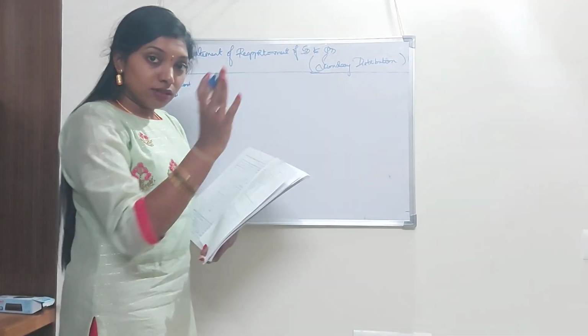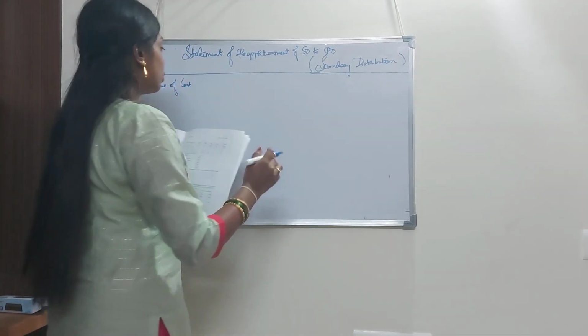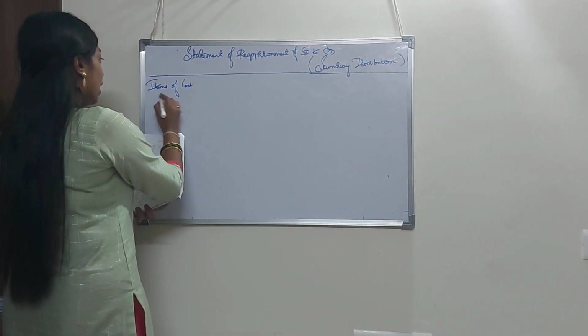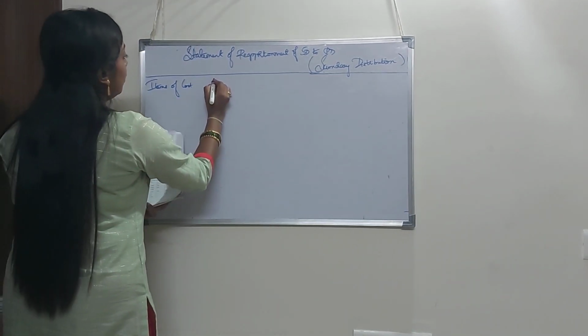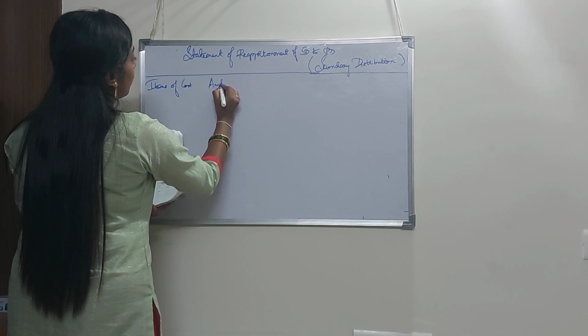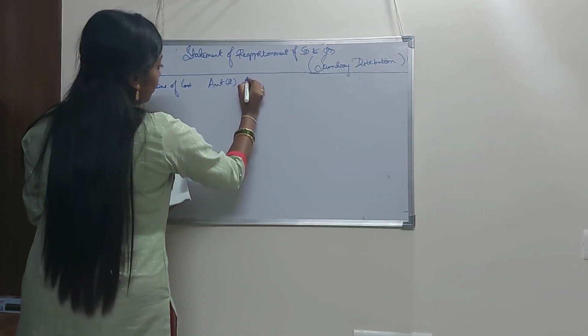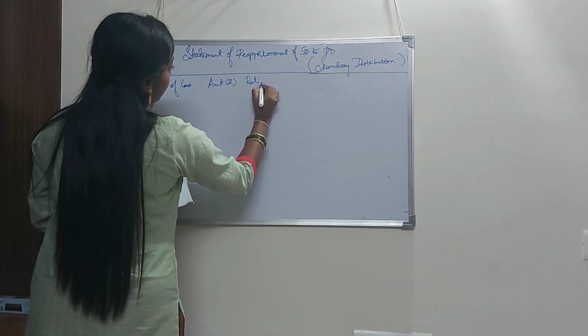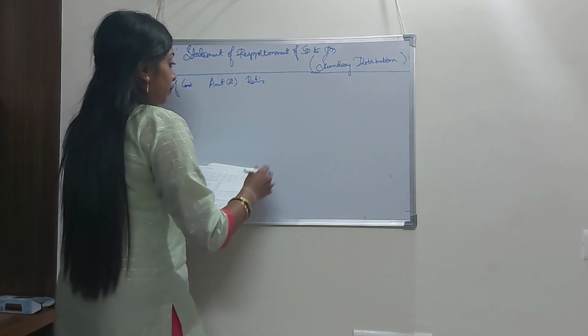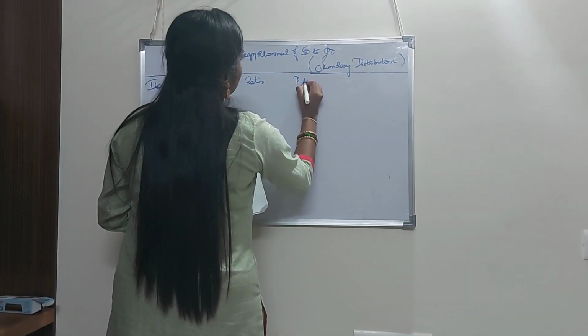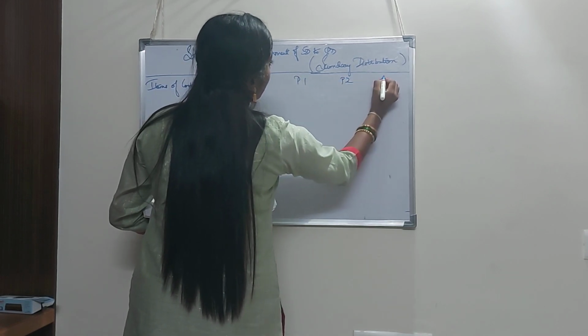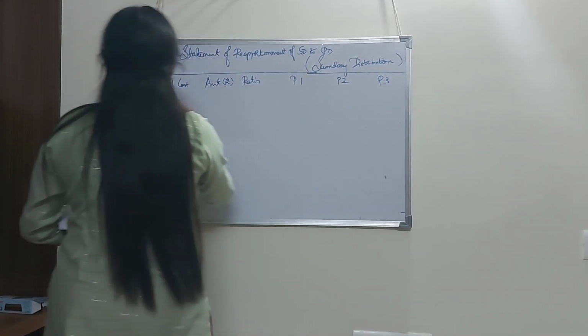Like the previous problems, we are going to have the same columns: items of cost, then a column for amount, then ratio, then production departments P1, P2 and P3.